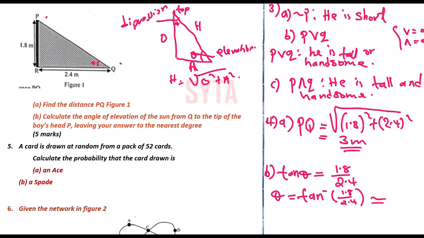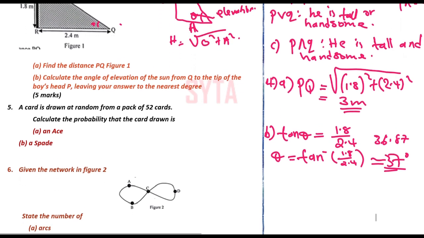This gives us 36.87, but to the nearest degree we are going to put it at 37 degrees. We round 36.87 to 37. Good. Now we move to the next question, guys.